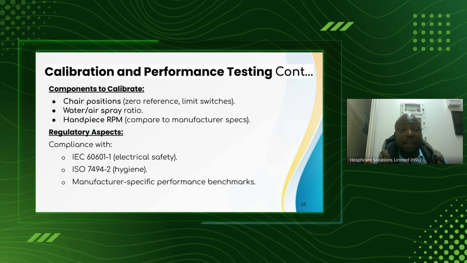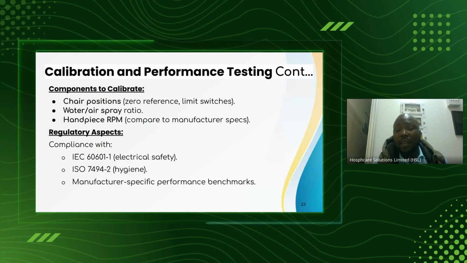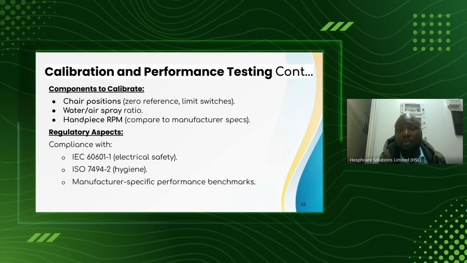Beneath the delivery, there are 3 silver control knobs that you use to regulate the pressure that goes to the handpiece. All this equipment needs to be compliant with the ISO safety standards indicated below: electrical safety for the safety of the patient and the components, also hygiene and the manufacturer's specific performance benchmarks.